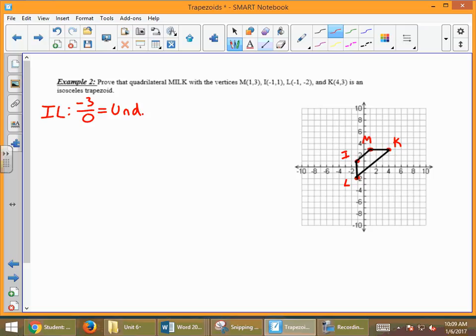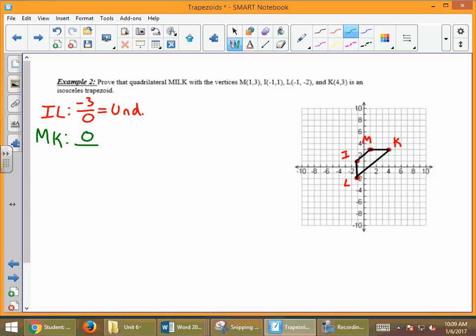Next thing we're going to do is look at the side that is opposite. So Cindy said IL. What side is opposite IL? MK. Okay. All right, what are the directions? How do I get from M to K? How high up do I go, or down? Do I go up or down at all going from M to K? No, so we call that a 0.